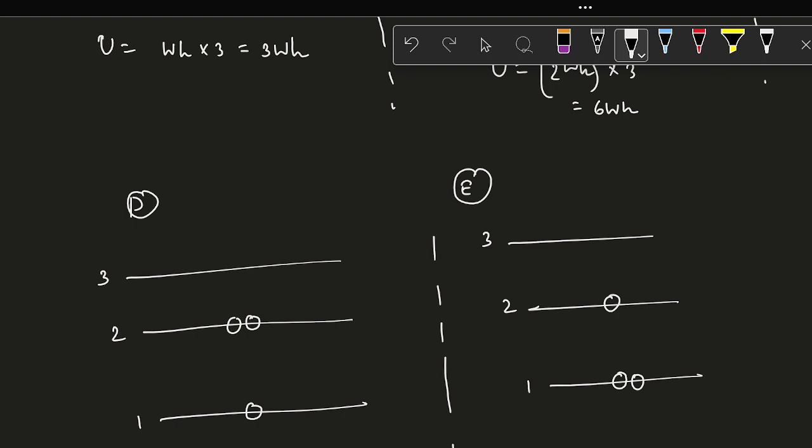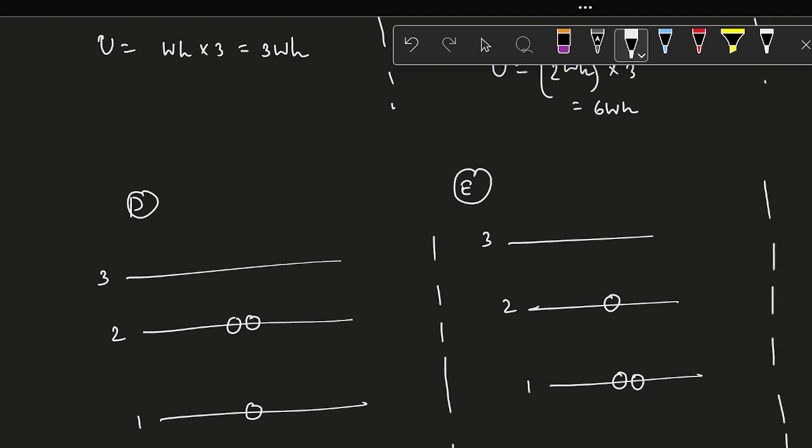And in case E, you have N2 equal to 1, N1 equal to 2, and N3 equal to 0. So it is 2 times WH for the first step, and for the second step you have 2 WH times 1 because there is 1 person present. So it is just 4 WH total. Okay.